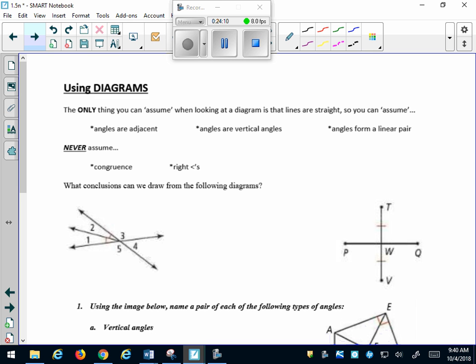You can assume that angles are vertical angles if it looks like 2 straight lines intersecting, right? So you don't have to be told these lines are straight lines. You don't have to be told that these are vertical angles. You can tell by what it looks like.